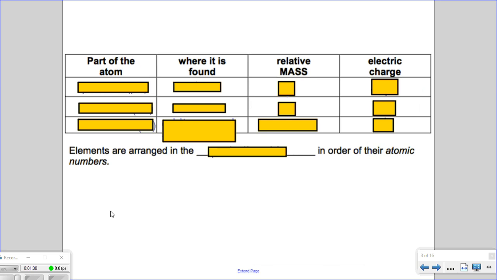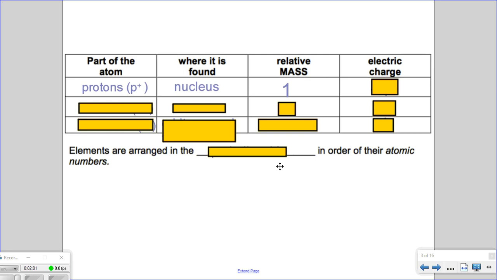Now we'll look at some characteristics of the different parts of the atom. We have protons, which we can represent as a lowercase p with a subscript positive sign. Protons are found in the nucleus. The relative mass of a proton, we'll say, is 1.